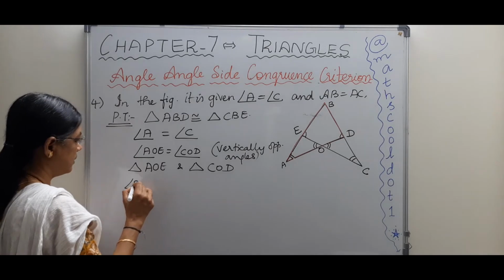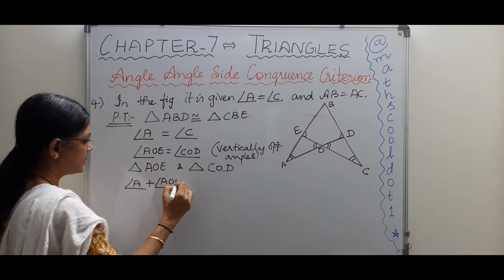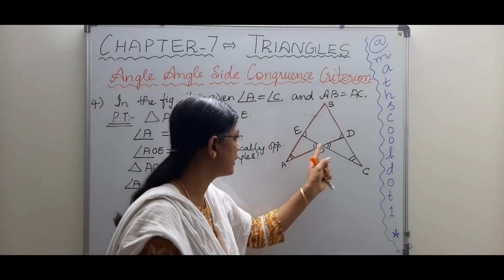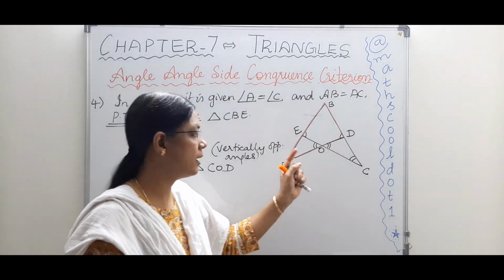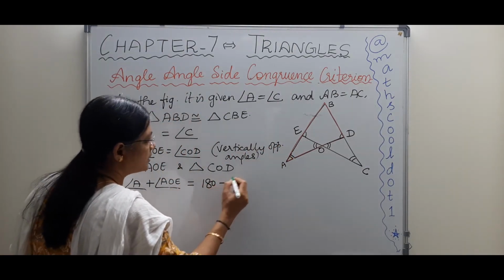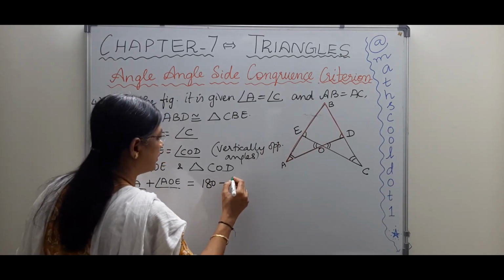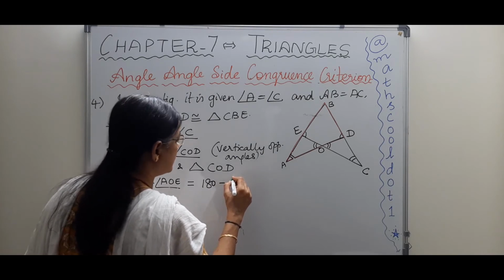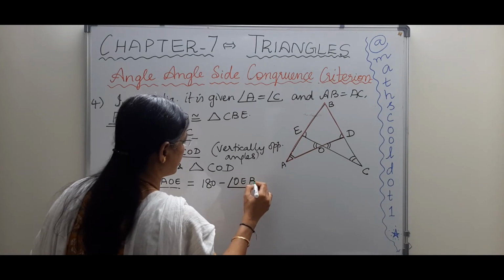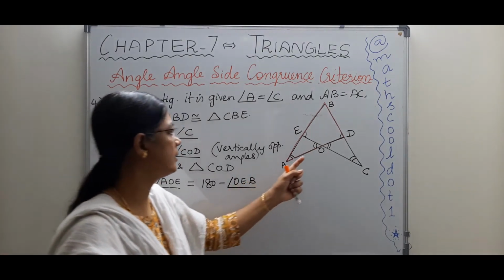We add both these angles, angle A plus angle AOE, and that should be equal to 180 degrees minus this angle, that is 180 degrees minus OEB. Right, do you understand how it is? Triangle OE, sorry.